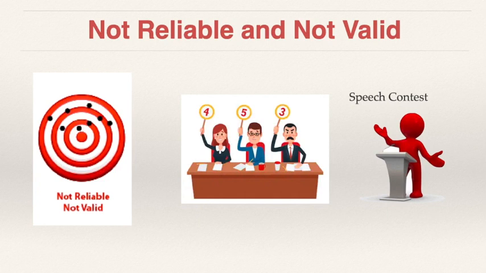In such a case, even though the test design seems to have content validity, it's difficult to argue that we are validly testing a particular skill if the main factor determining a student's grade is which teacher marked their essay or speech.